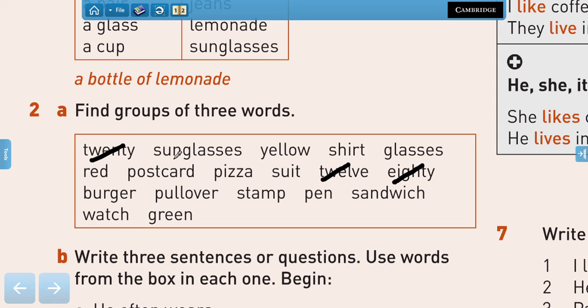We have sunglasses, glasses, and a watch, maybe. Yellow, red, and green.